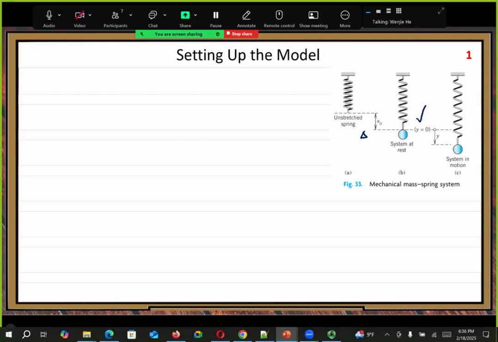You can see when you stretch it with y displacement, with respect to the zero position, y equals 0. This is the 0 position. So you stretch it to y displacement.